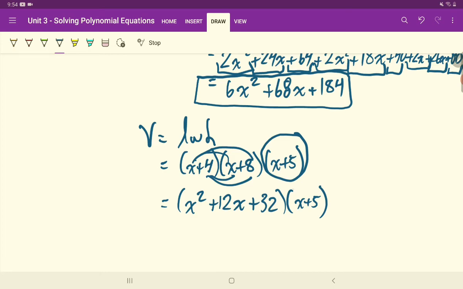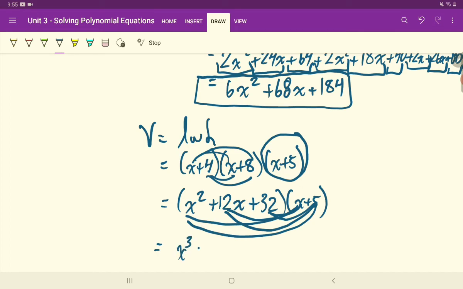And so what you do here now is you multiply x times x squared, x times 12x, x times 32. Then also do 5 times x squared, 5 times 12x, and 5 times 32. Okay, so we end up getting x times x squared is x cubed.